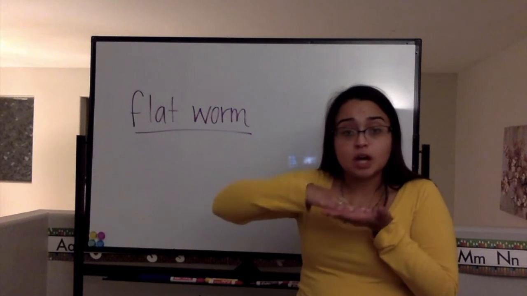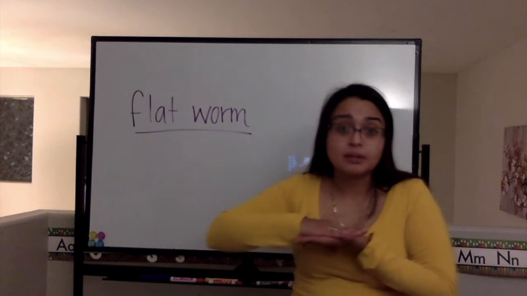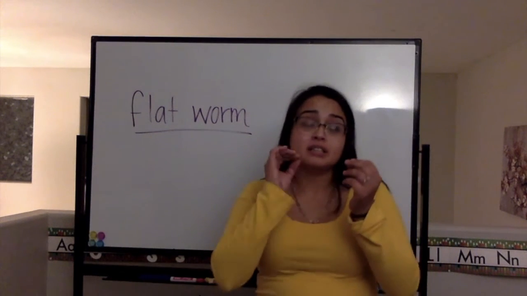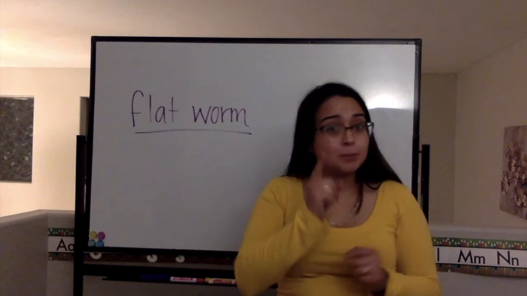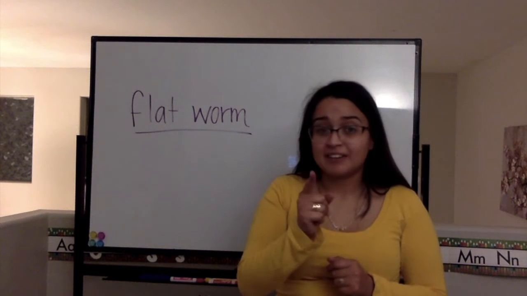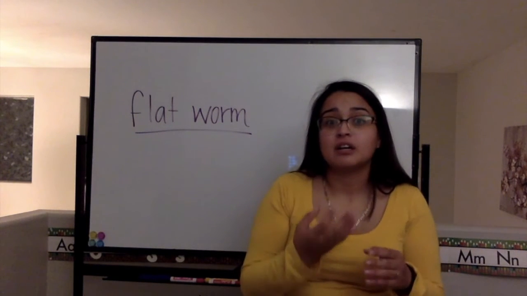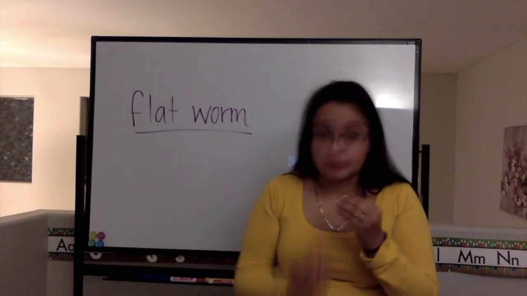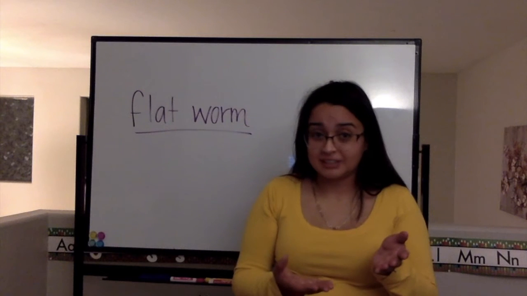When it is on top of the body, you remember that the flatworm actually has a mouth. Now it has a lot of different little parts, but it does not have an anus, which is where it would secrete or take out the waste, right?